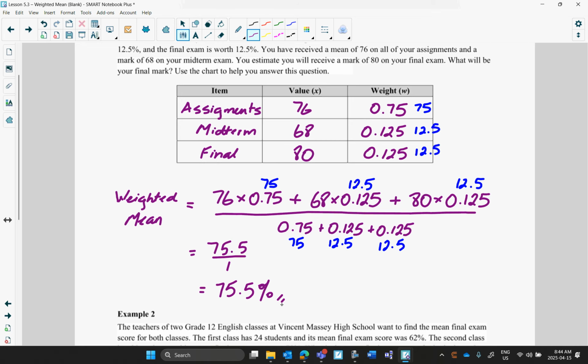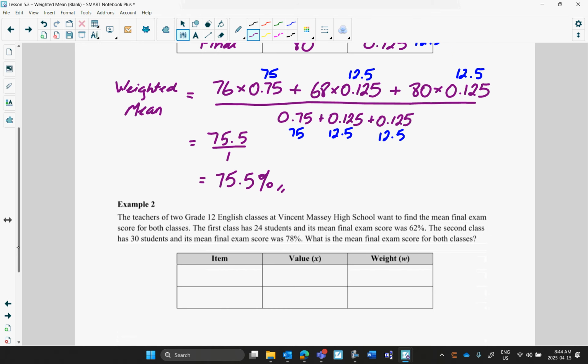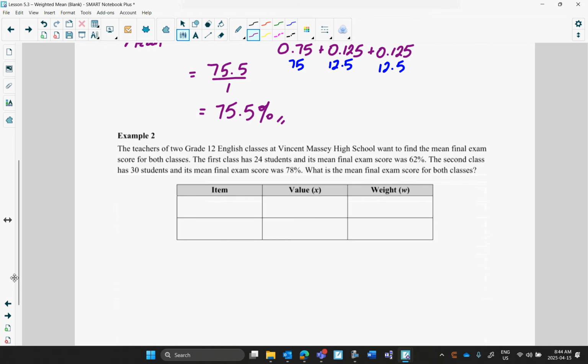Second example. And this is often used too when calculating marks. Let's say it would be Ms. Wilkes' grade 11 advanced class and my grade 12 pre-calc class, because those are all the students taking grade 12 pre-calc.